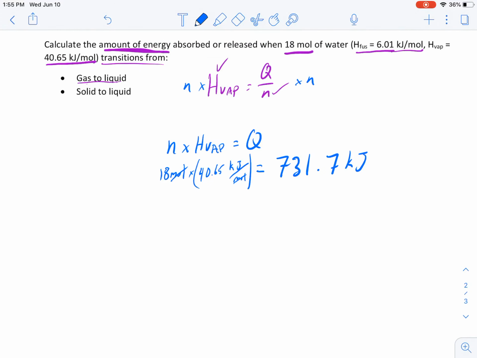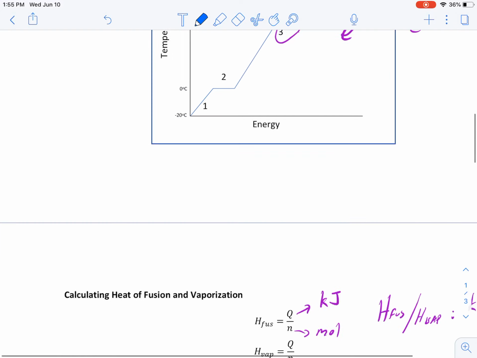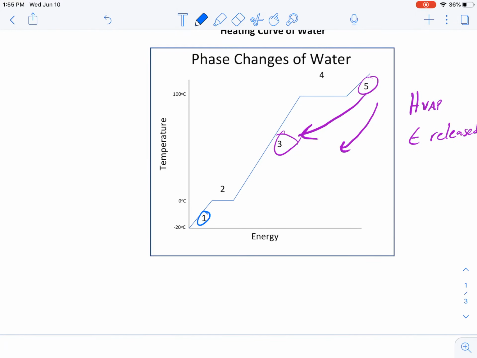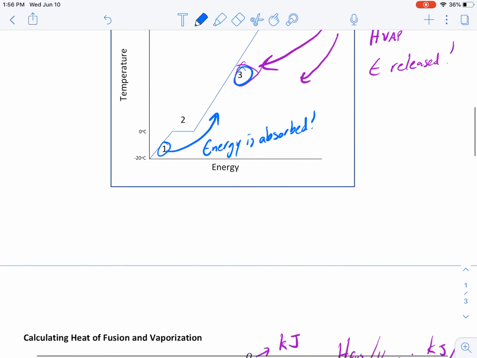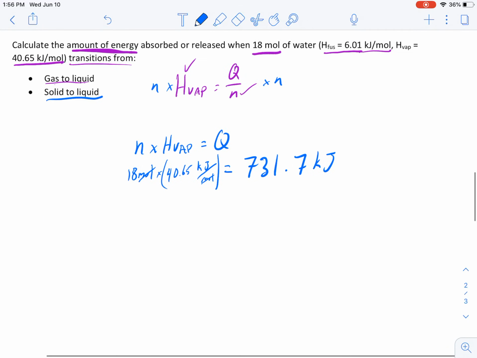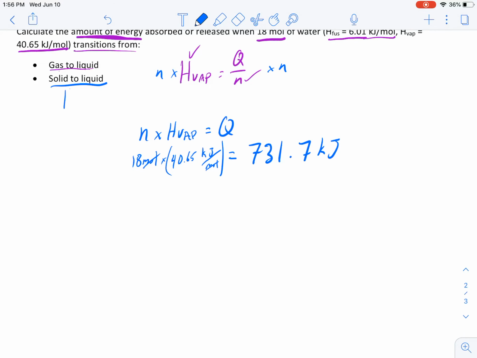Alright, now let's look from solid to liquid. So solid is down here and liquid's up here. We're going this direction. So energy must be absorbed. It's endothermic. So if energy is absorbed and it's going from solid to a liquid, that's going to be our H fuse.